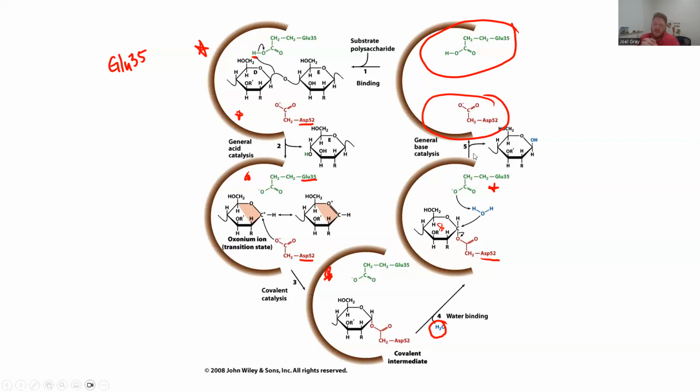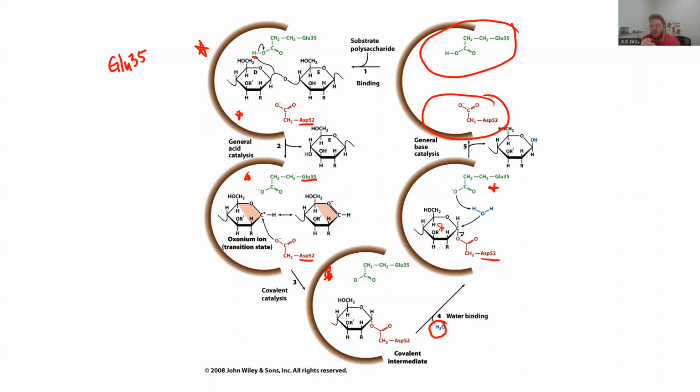There's a lot to unpack from this. Was there acid-base catalysis? Yes, there was. Acid-base catalysis was a key part of this. Was there covalent catalysis? There absolutely was. This is classified as covalent catalysis because a covalent linkage is established.